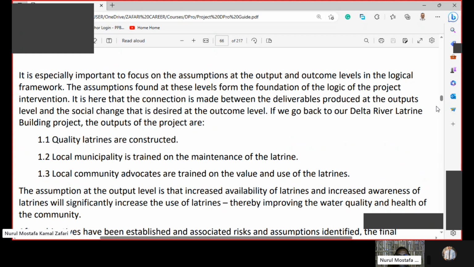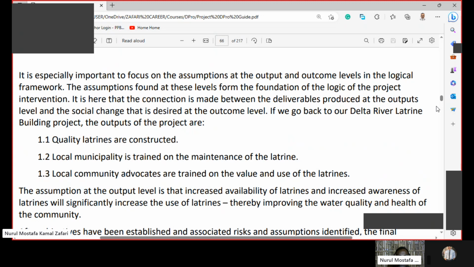If we go back to our Delta River latrine building project, the outputs of the project are: quality latrines are constructed, the local municipality is trained on the maintenance of the latrines, and local community advocates are trained on the value and use of the latrines.